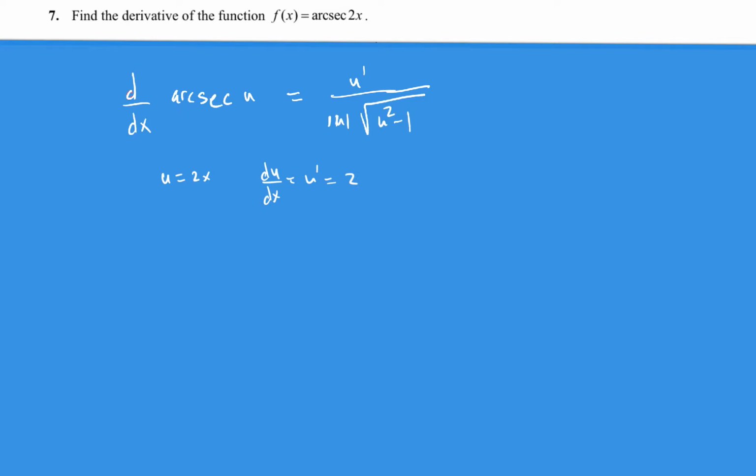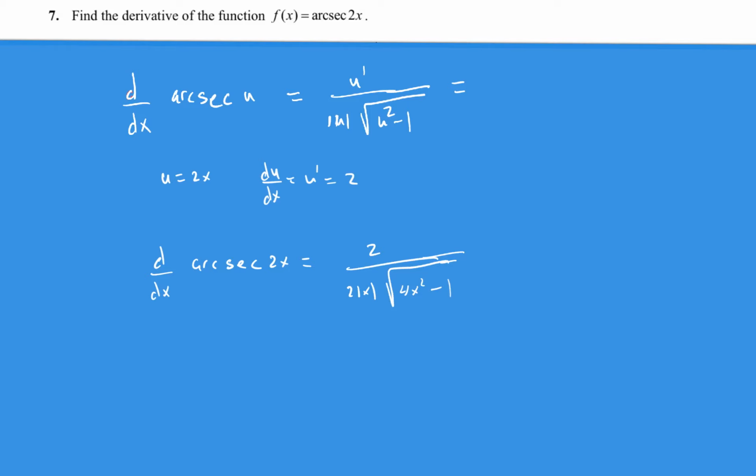So the derivative with respect to x of arc secant of 2x will be u prime, which is 2, divided by the magnitude of u, 2x, multiplied by the square root of u squared, which is 4x squared, minus 1.